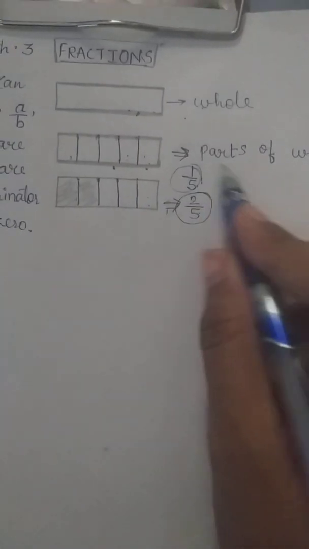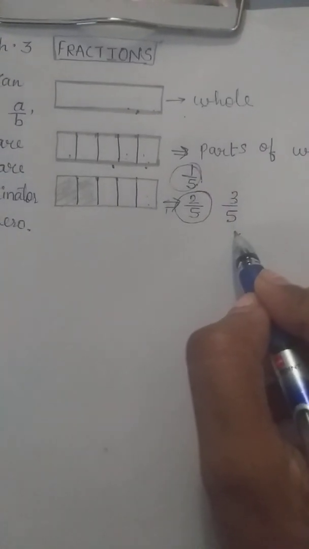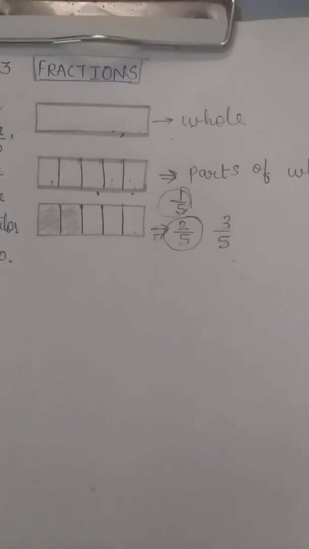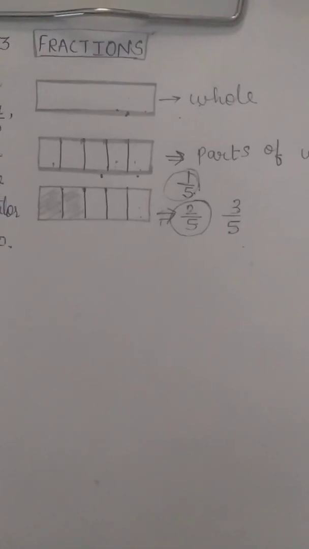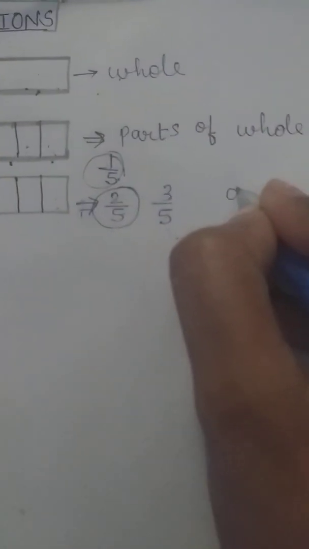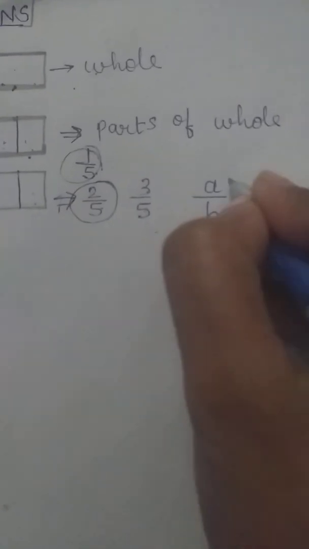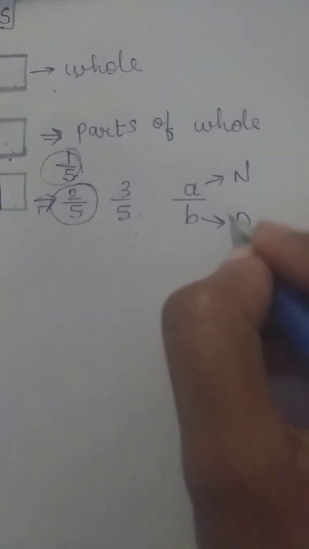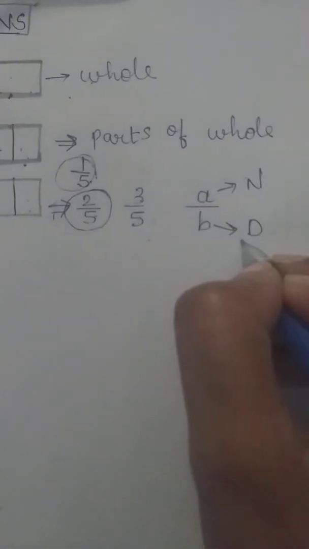Each of these fractions indicates a part of the whole. In a by b, a is the numerator and b the denominator: top numerator, bottom denominator.